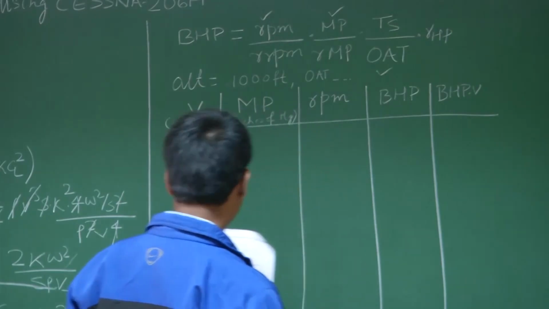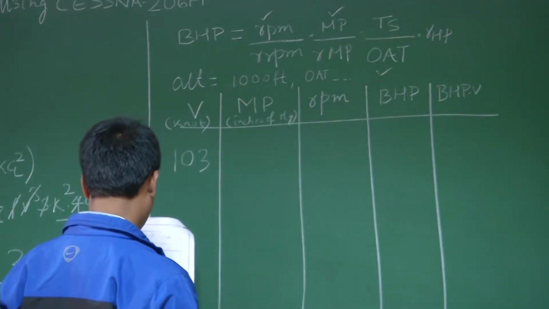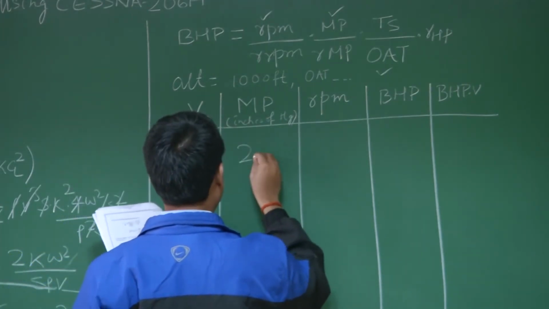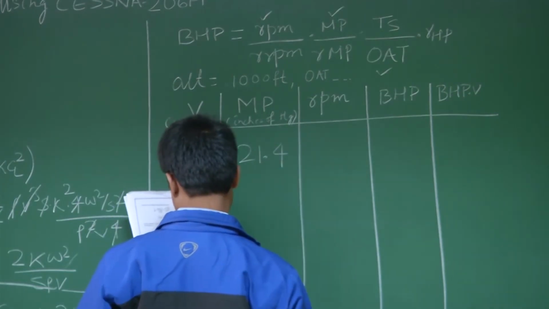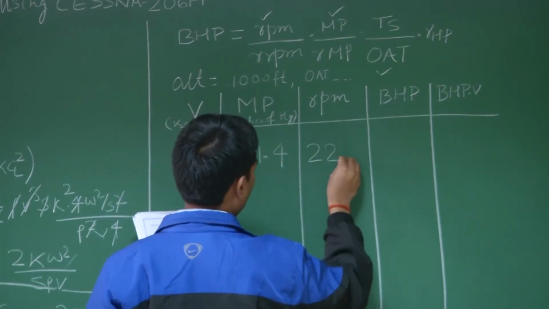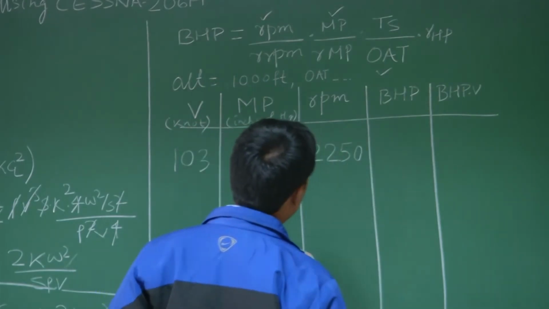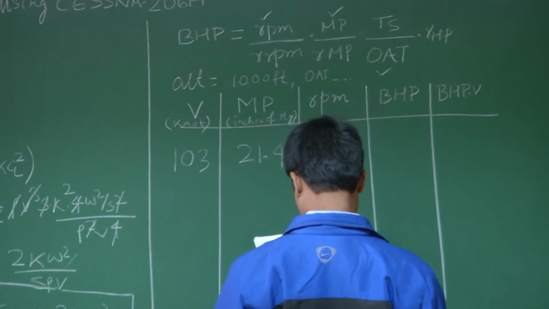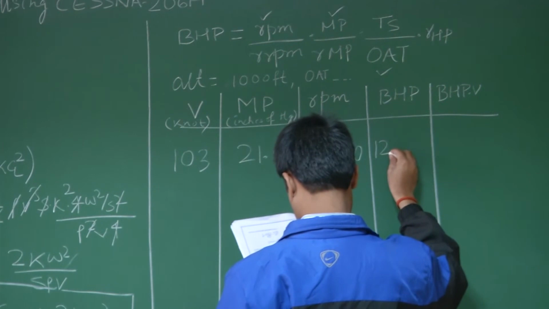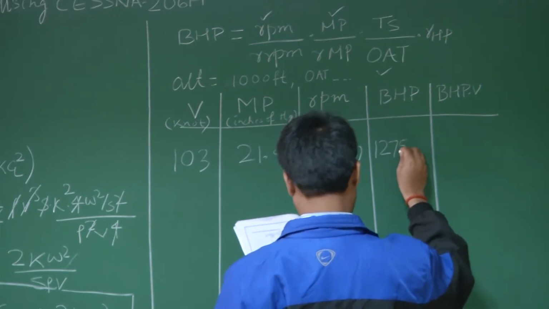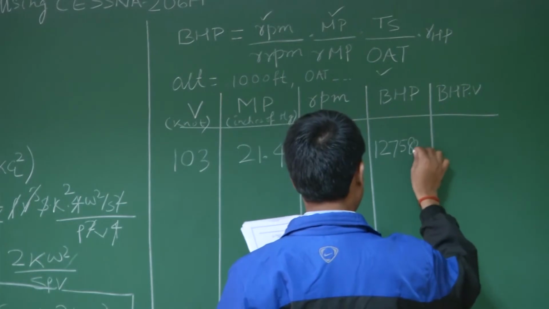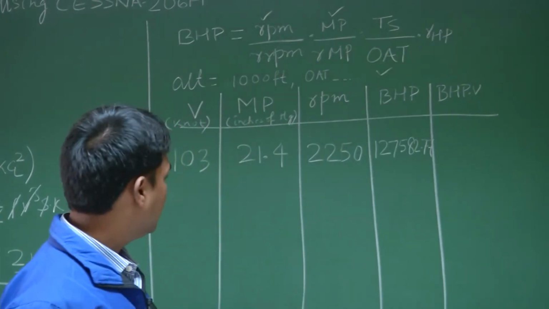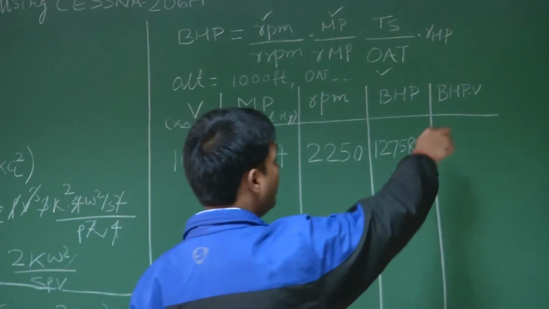If you see here, for 103 the manifold pressure was 21.4 and RPM was 2250. With that, BHP will come around 127582.77. Okay.